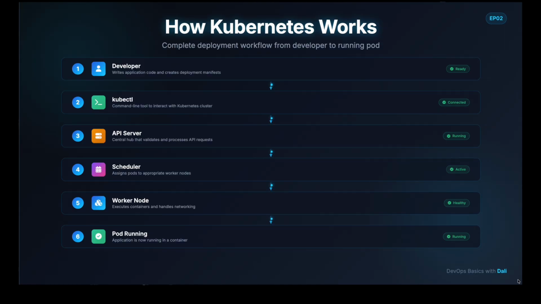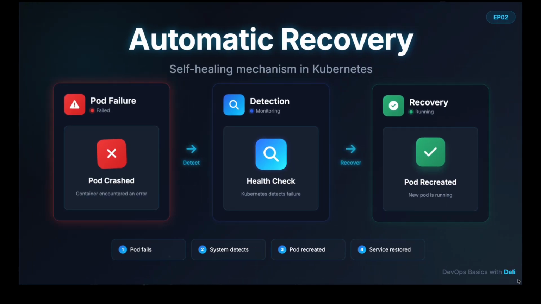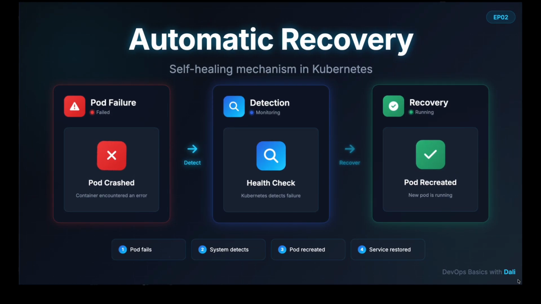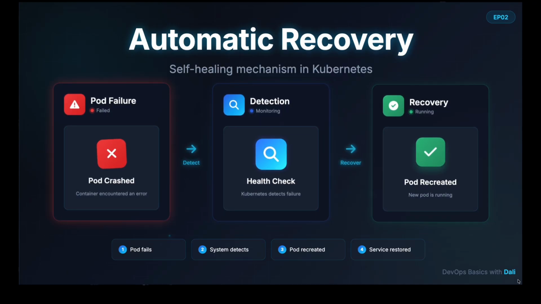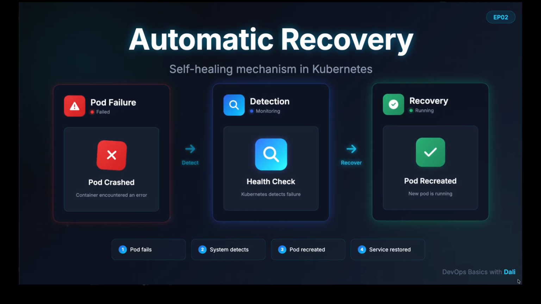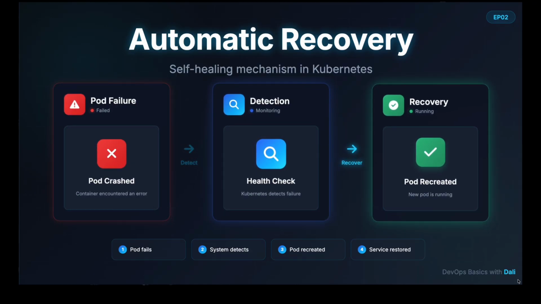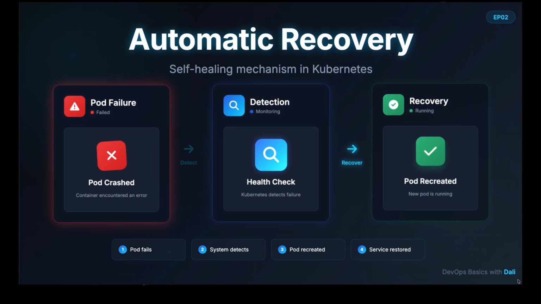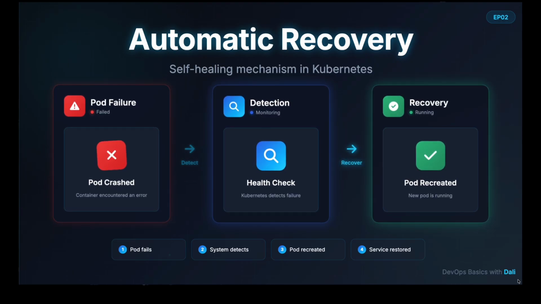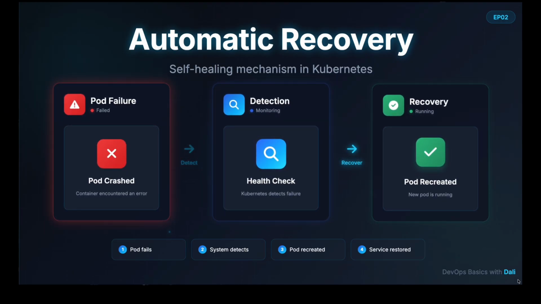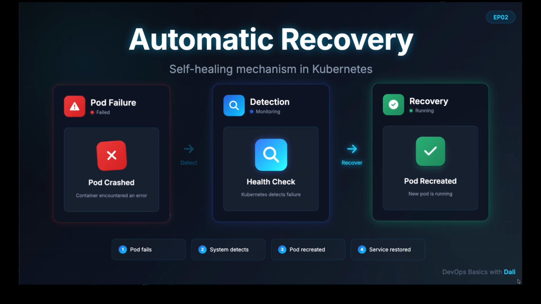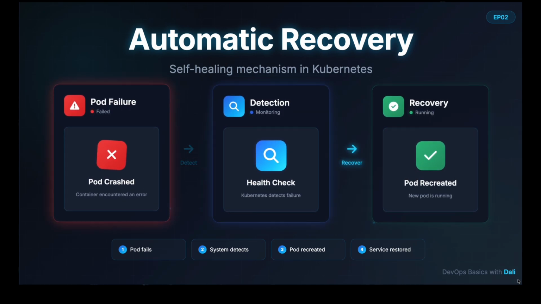One of the most important Kubernetes features is automatic recovery, also known as self-healing. Here's what happens step by step. First, a pod crashes because of an application error or infrastructure issue. Kubernetes continuously monitors the cluster using health checks and status monitoring. As soon as Kubernetes detects that the pod failed, it automatically starts the recovery process.